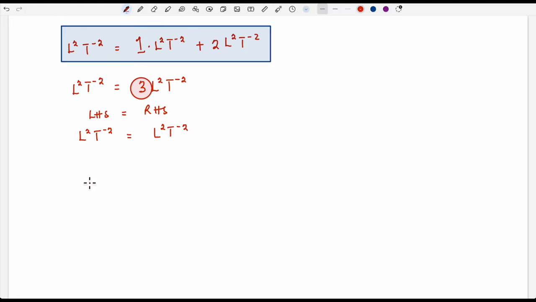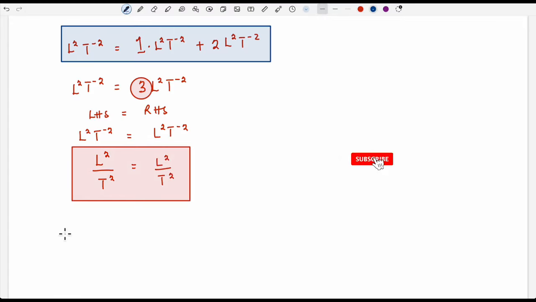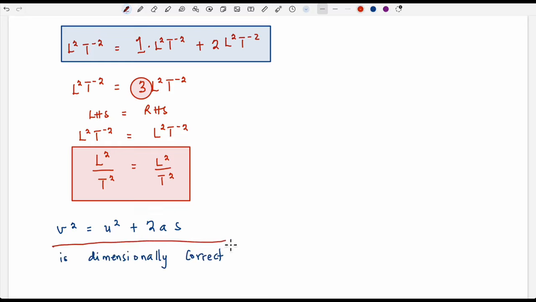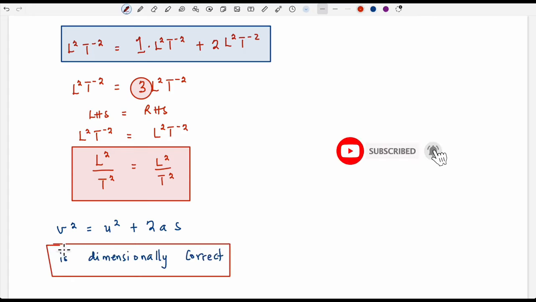If you want to write it in terms of fractions, you can do L squared divided by T squared equals L squared over T squared. All right, that means that the equation v squared equals u squared plus 2AS is dimensionally correct, because the dimensions of the left-hand side are the same as the dimensions of the right-hand side.